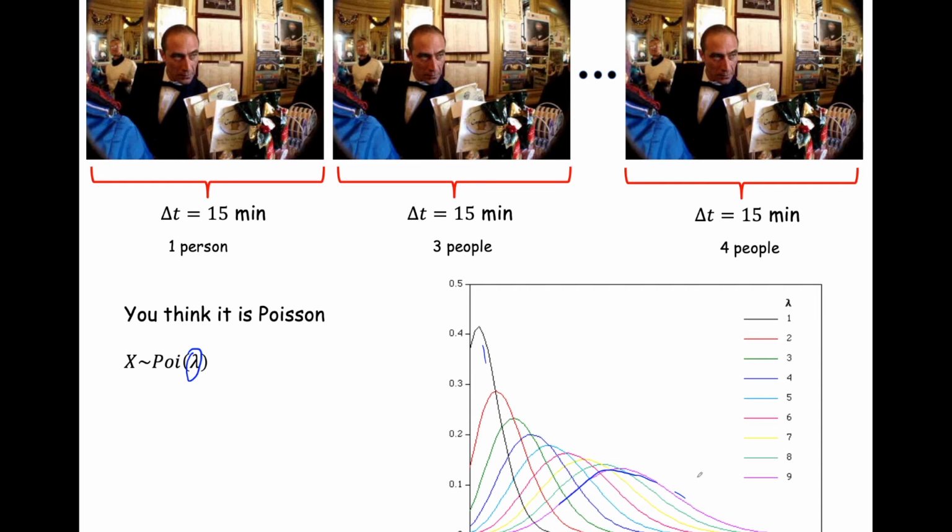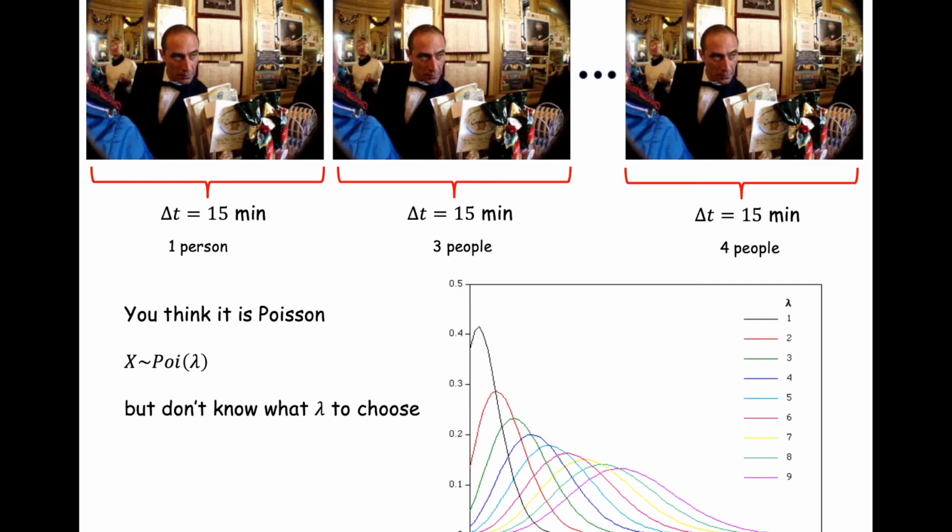But alas, this is not method of moments. This is max likelihood. And so the question is, if we want to know what is that population governing this arrival of events, one person, 15-minute window, 3 people, 15-minute window, 4 people, what is this ground truth population distribution that we believe is a Poisson?